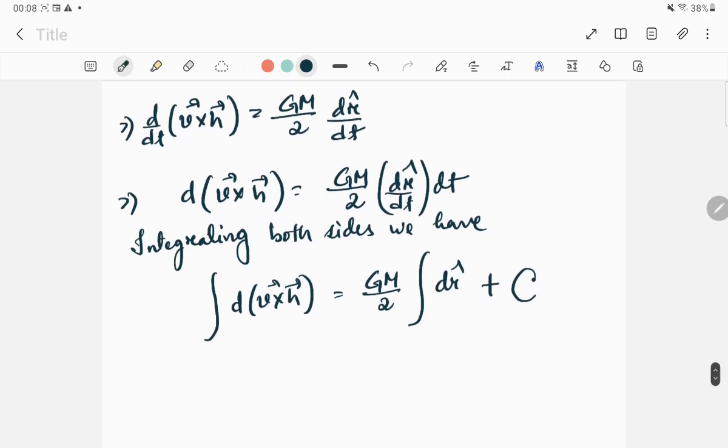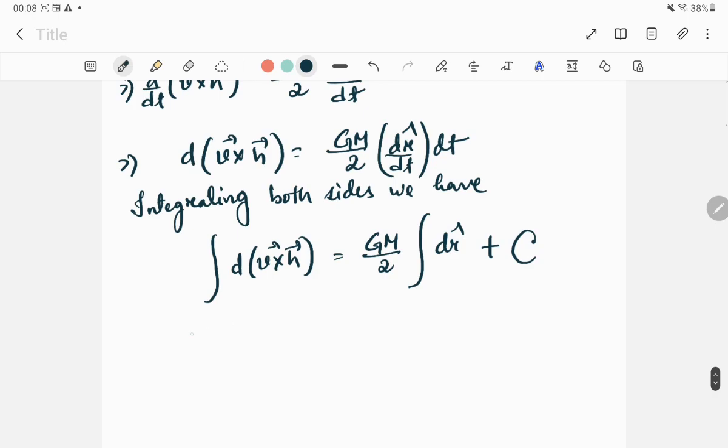Okay, and all of them are vectors. This is also a vector, this is also a vector, this must also be a vector.